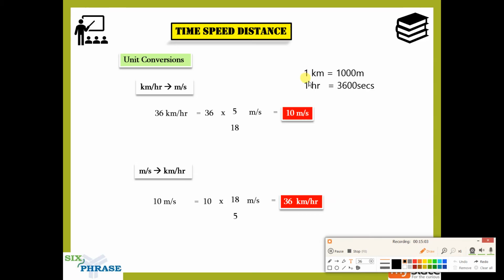So 1 kilometer is 1000 meters, 1 hour is 3600 seconds. So 1 kilometer per hour is equal to how many meters per second? From this, you can say 1 kilometer per hour is equal to 1000 by 3600 meters per second.